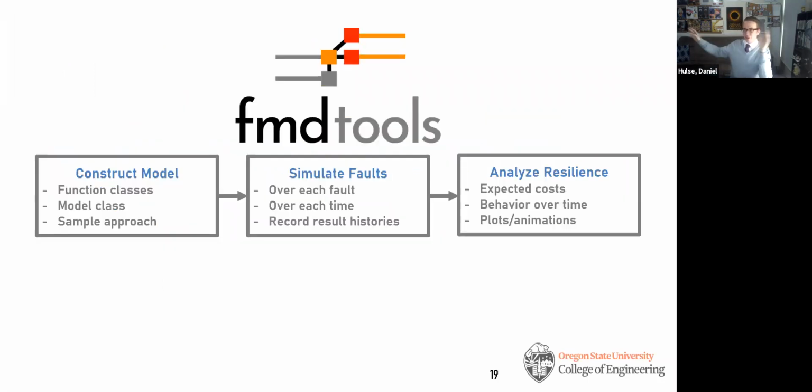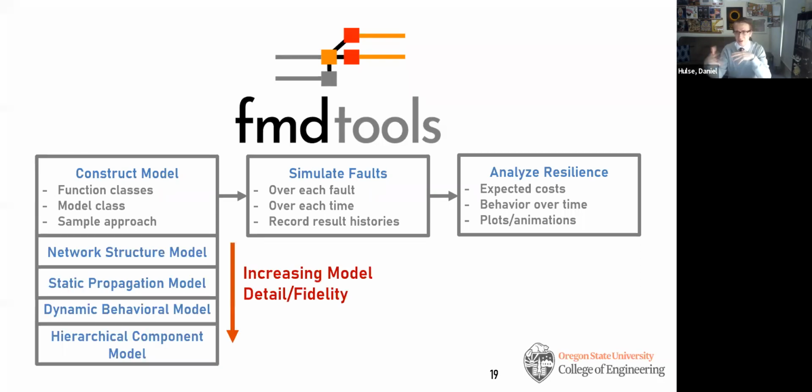And so in order to solve this problem, we create the FMD tools modeling, simulation, and analysis framework. And in this process, you first construct a model, simulate the faults in the model, and then create different analyses based off of those simulations.